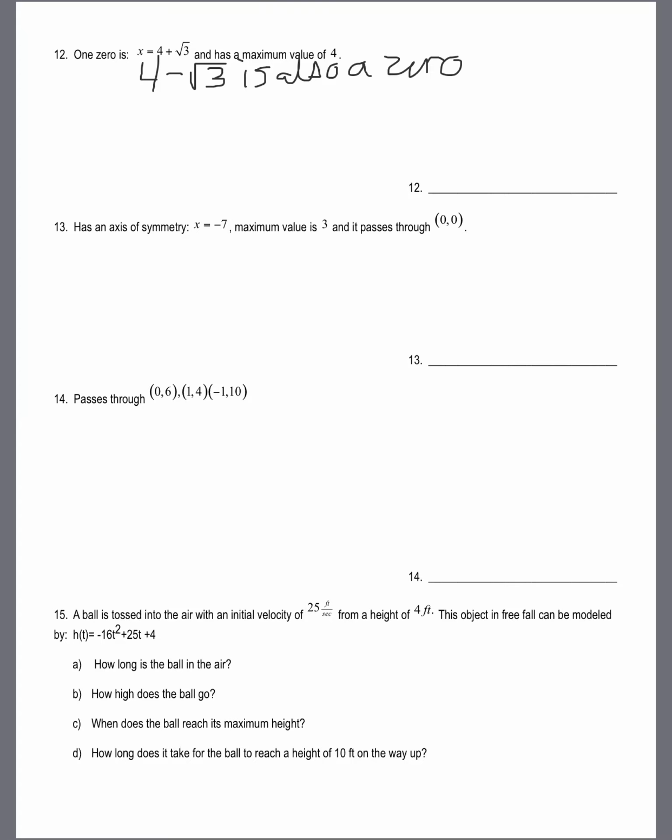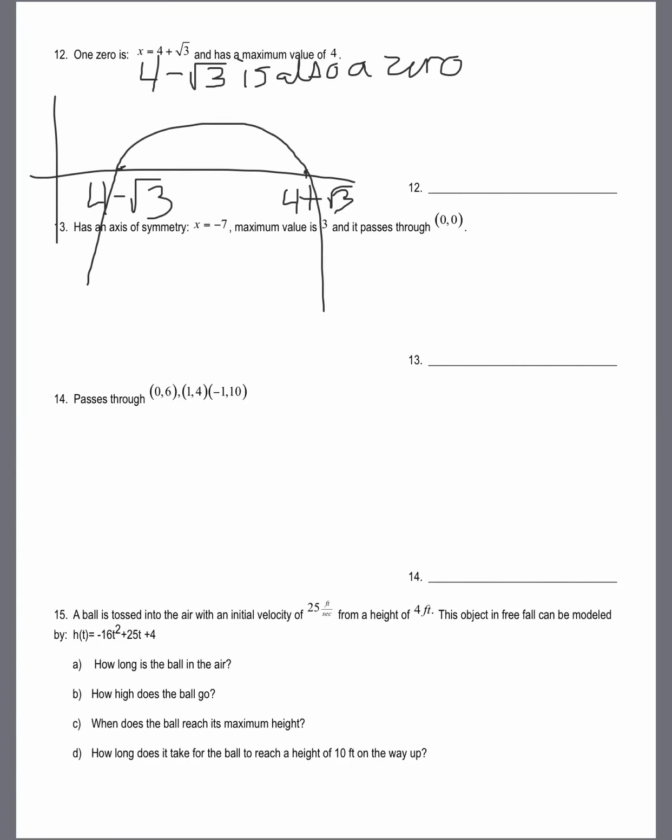So now, I don't know where they land. Let's say this is the 4 minus root 3, and this is the 4 plus root 3. There's still an infinite number of parabolas that are going to go through this, right? I could have one that looks like this. I could have one that looks like this. So I still need to narrow it down. Just having the two x-intercepts isn't enough.